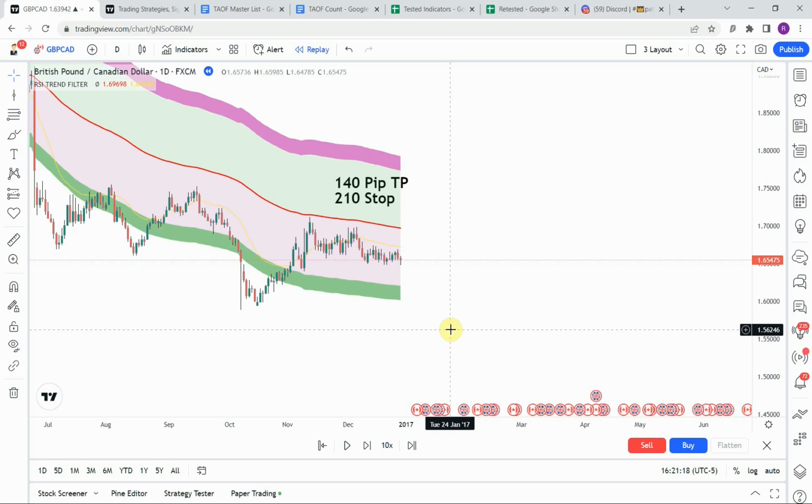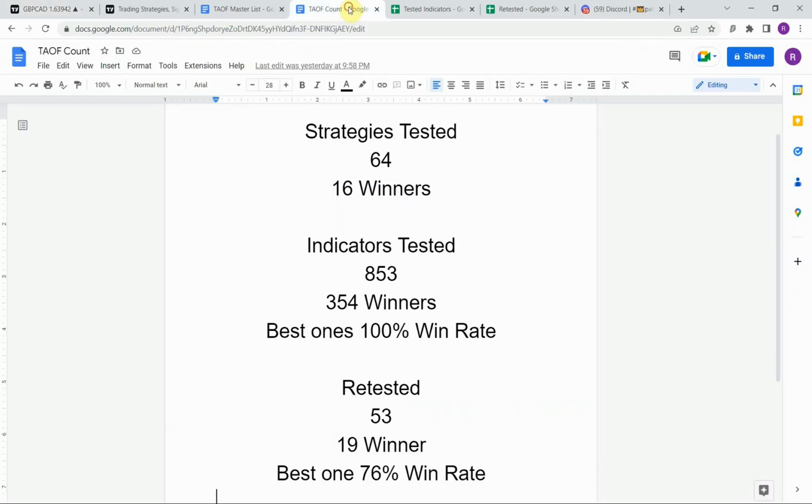Alright, as I said, today we will be testing the RSI trend filter indicator. Before we do though, I wanted to put the testing scoreboard up for everyone to see. So to date, we have tested a total of 64 different strategies, with 16 of them being profitable. We've also tested a total of 853 indicators, with 354 of them being winners. The best ones so far were able to achieve a 100% win rate.